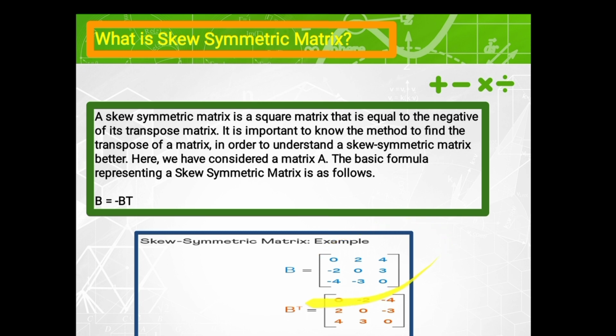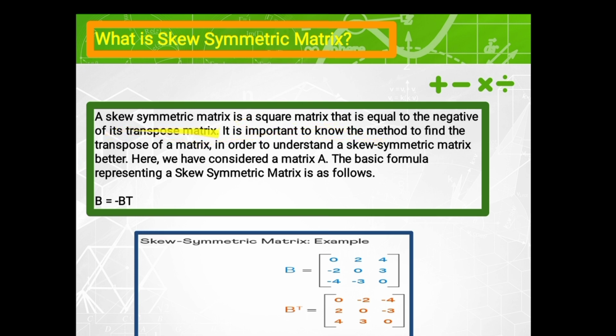If a given matrix is equal to minus of its transpose, then it is called a skew symmetric matrix. Another important point is that symmetric and skew symmetric are defined only for square matrices. This is an important point.